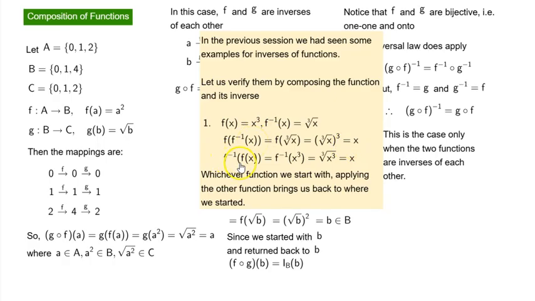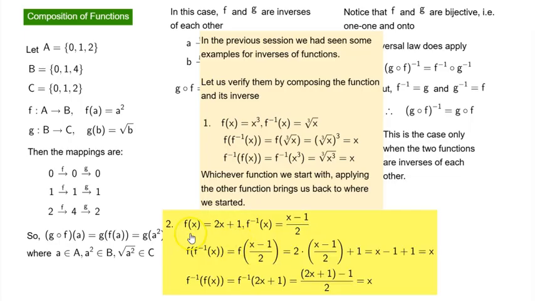Similarly, f inverse of f of x is equal to f inverse of x cube, which gives the cube root of x cube, which is again x. So whichever function we start with, applying the other function brings us back to where we started. That means they are truly inverses of each other.